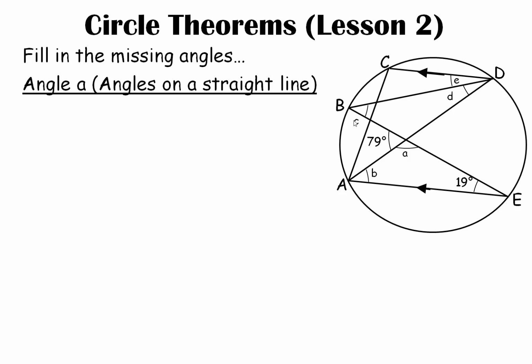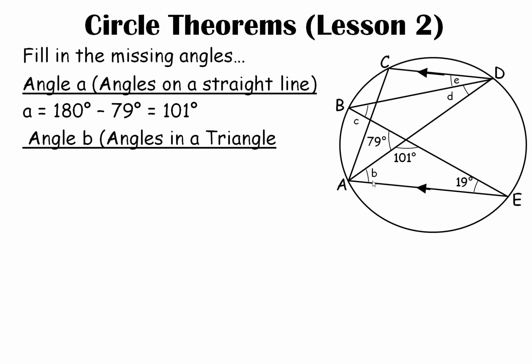So we see line BE is a straight line, and 79 degrees and A are on a straight line. So the sum of them must be equal to 180 degrees. We subtract 79 from 180 degrees to give us angle A. So angle A equals 180 degrees minus 79 degrees, which is 101 degrees. And angle B: these are in a triangle.